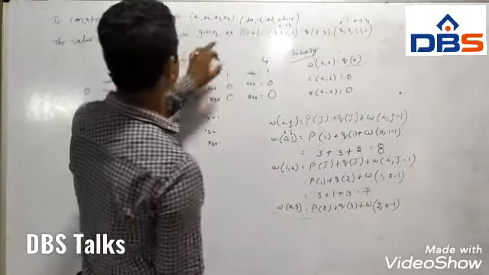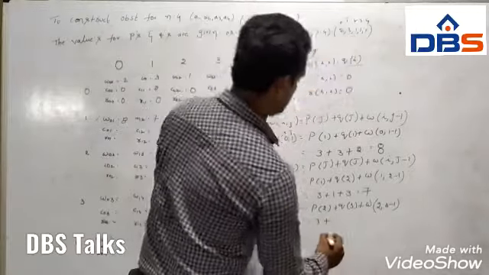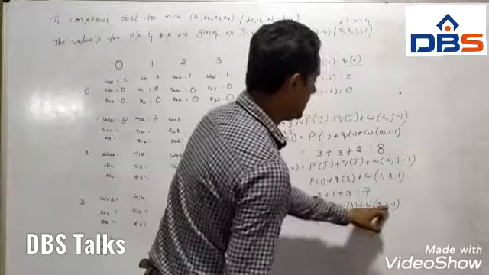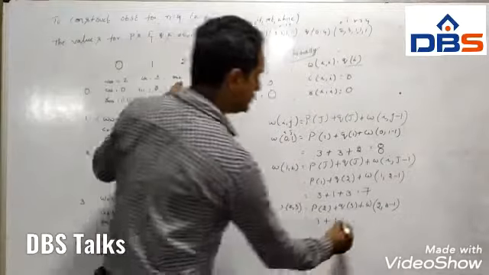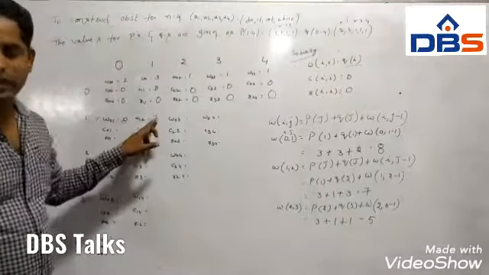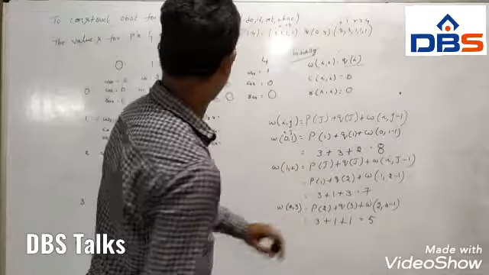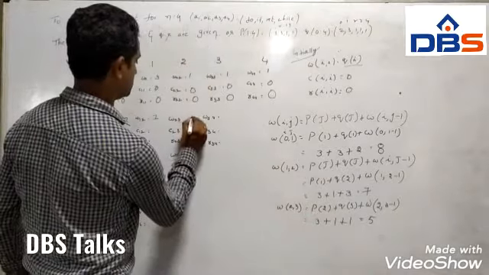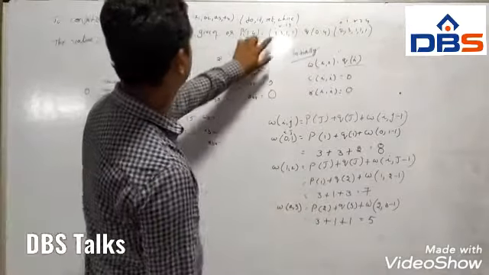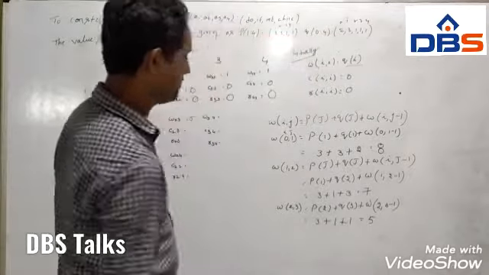So P of 3 equal to 1 plus Q of 3 equal to 1 plus W of 2 comma 2 equal to 3, that equals 5. So W23 equal to 5.